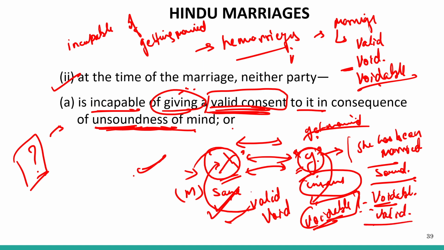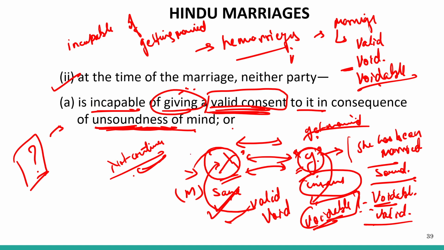But if she does not want to continue, she can approach the court and say, I was not able to give my valid consent, and the marriage was not according to my sane consent, so I want a divorce. Then the marriage will be considered void and the persons will be separated.